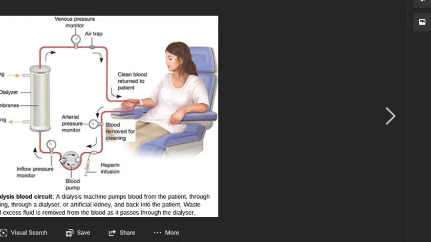Then there is a blood pump which is pumping the blood, which is passing through a bottle which has the dialysate fluid, right? And the fluid is going from here and coming out from here. And there is a venous pressure monitor, and again air bubble trappers over here, and then the clean blood is returned to the patient.